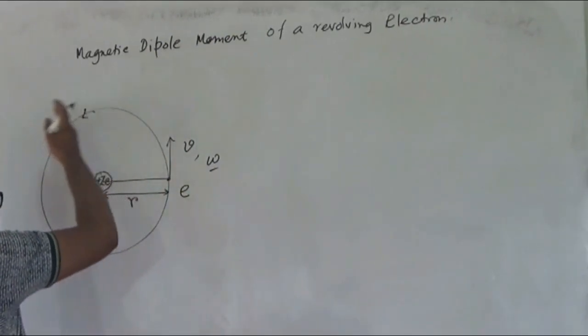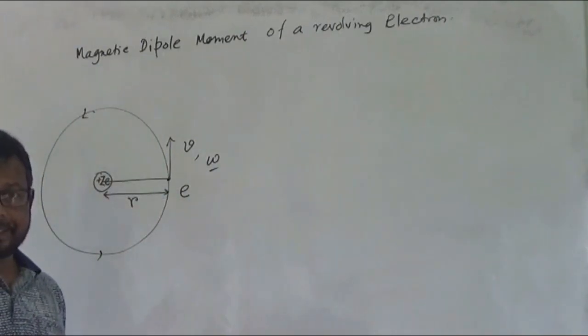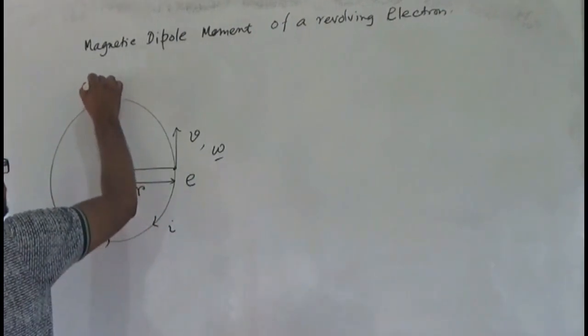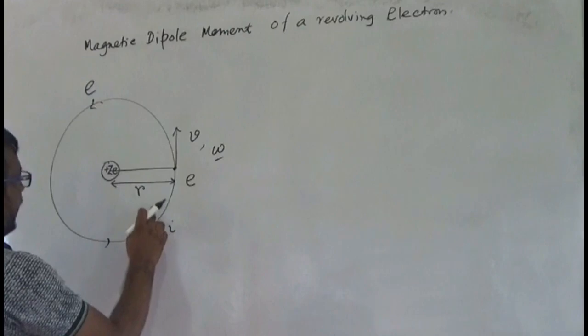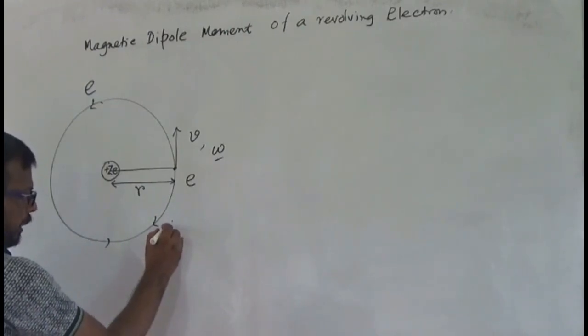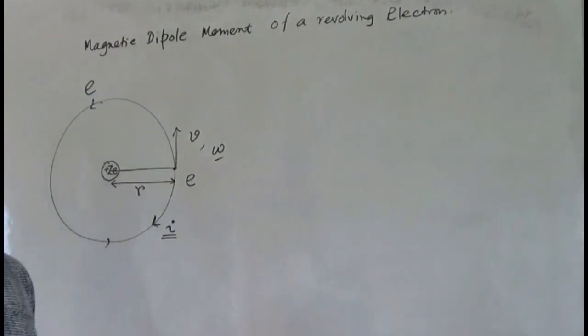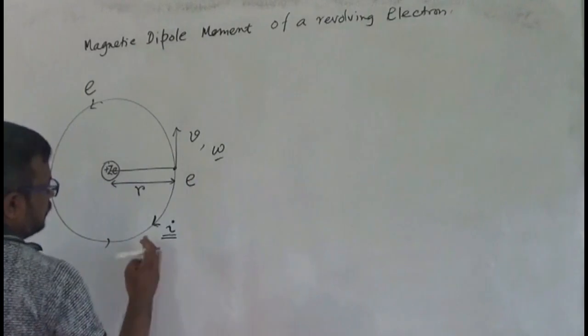Now the electron is revolving in the anticlockwise direction, which means charge is flowing in the anticlockwise direction, therefore you can say current is flowing in the clockwise direction. I may change this color.